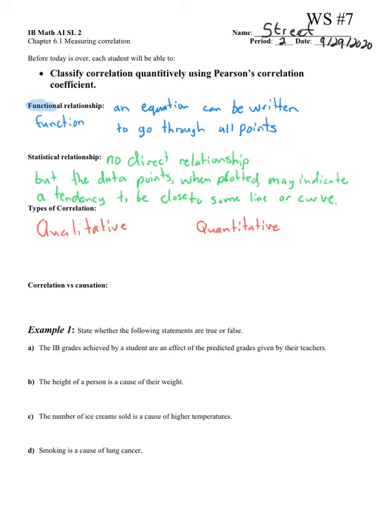Qualitative is looking at things like linear, nonlinear, basically what we just did on the warm-up. Strong, moderate, weak. And then positive, negative.